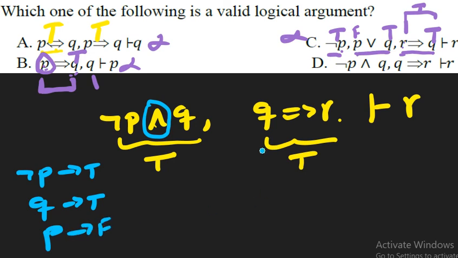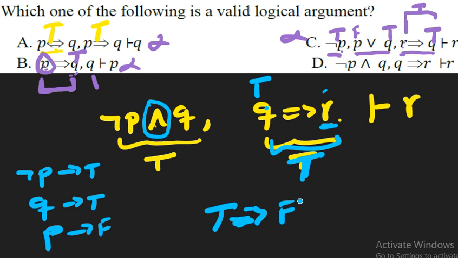Okay, that means let us bring true here because we got it from here. If this is true, necessarily R must be true to say the whole is true, because as a premise we already said it's true. It's an implication. In the case of implication, true implies false will obviously give false.